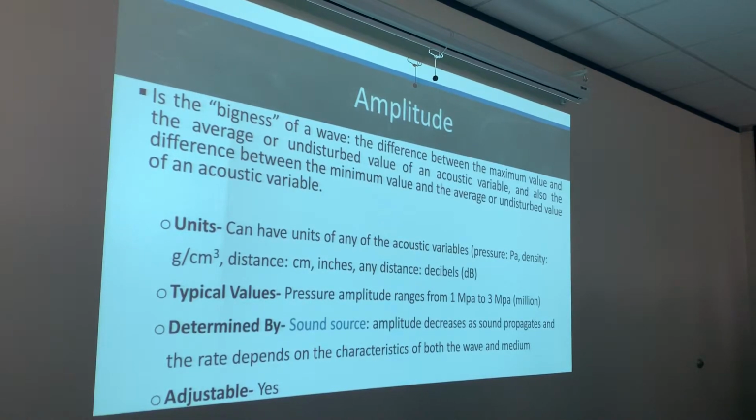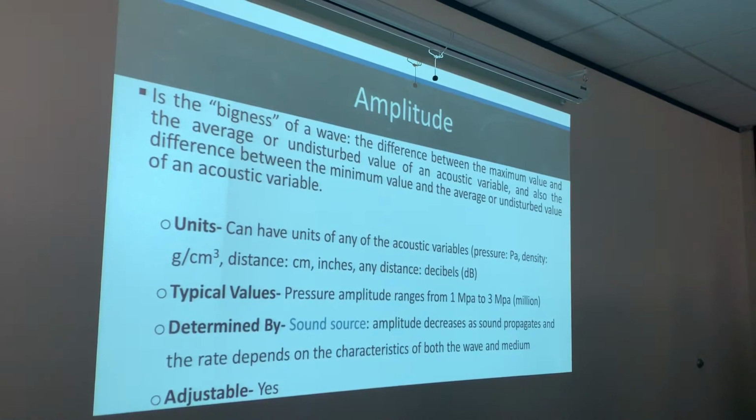Weight, concentration of mass over an area, that's what density is. But the units they use for amplitude, in our case for diagnostic ultrasound, is going to be decibels. But I'm telling you, it can be any one of the acoustic variable units.